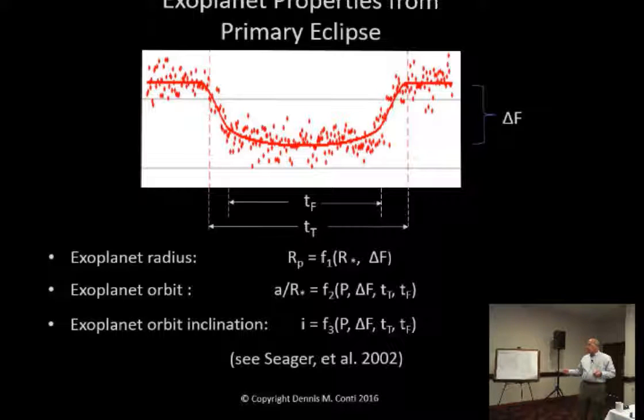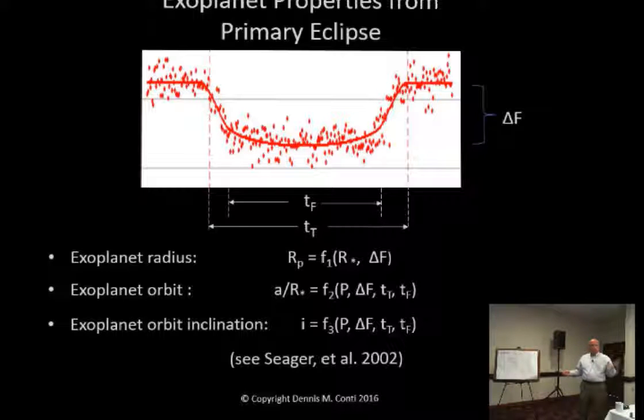The orbit: what we really get out of this light curve is the relationship between the semi-major axis of the orbit and R star. So again, if we know R star, we can get A. That ratio is a function of the period, the depth, and these two points here, the distance of the overall transit and the distance of the lower part of the curve.